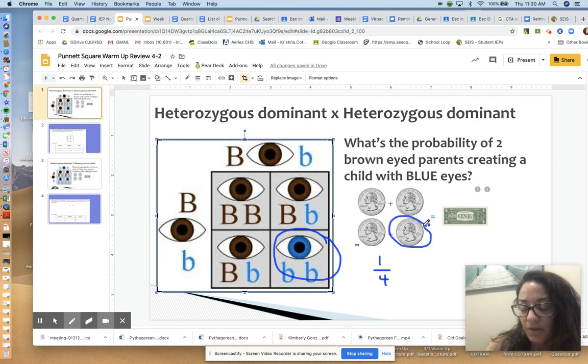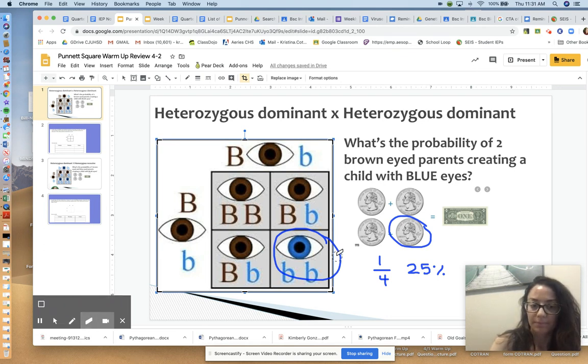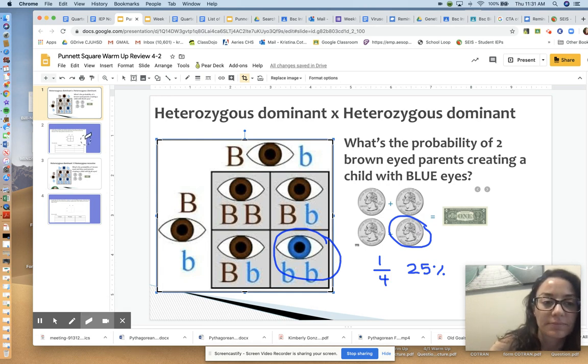See that? How much is a quarter worth? 25 cents, right? So we say that 1/4 is a 25% chance that the child would have blue eyes. Make sense? Okay, let me go to the next slide.